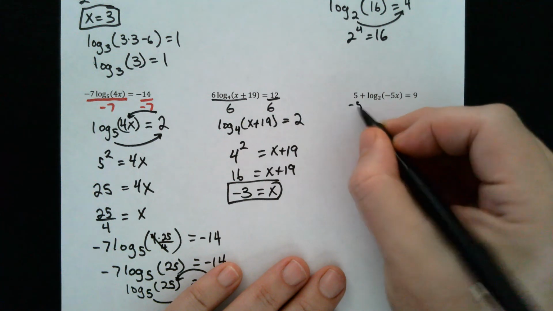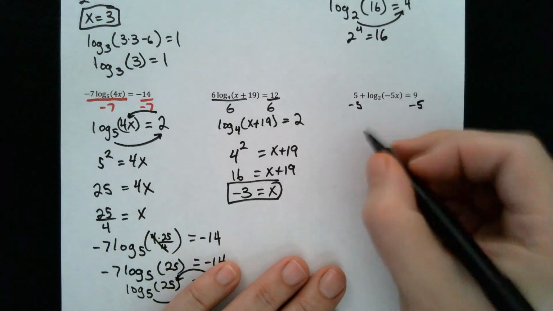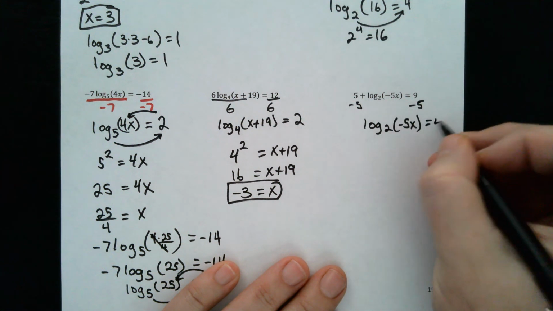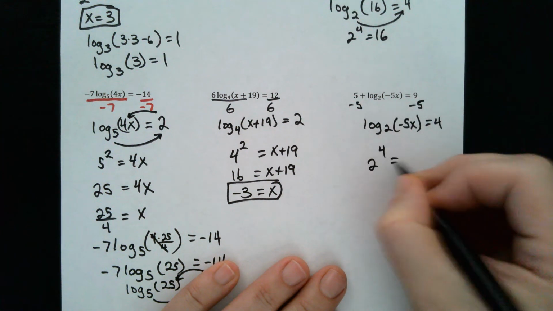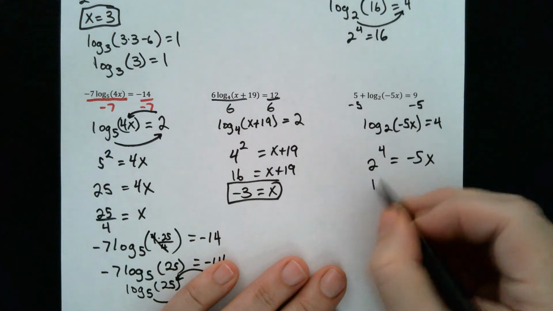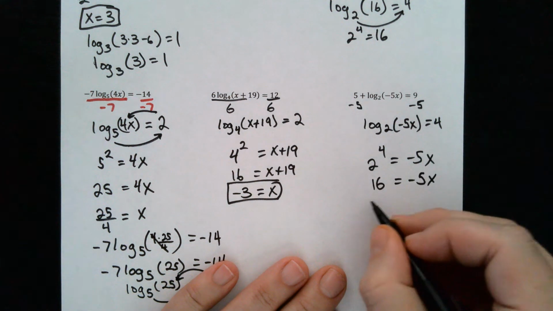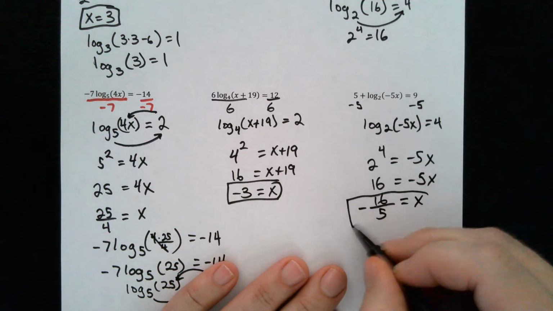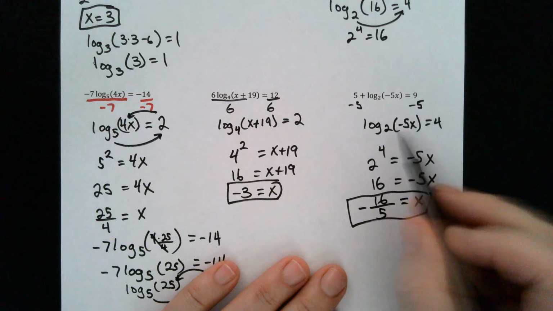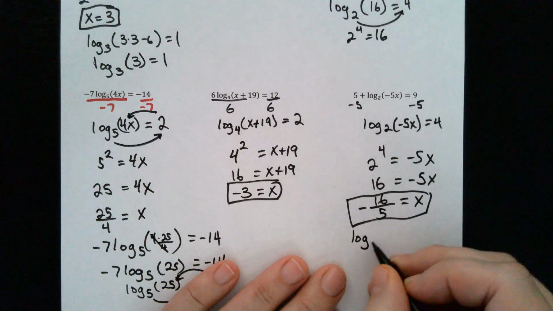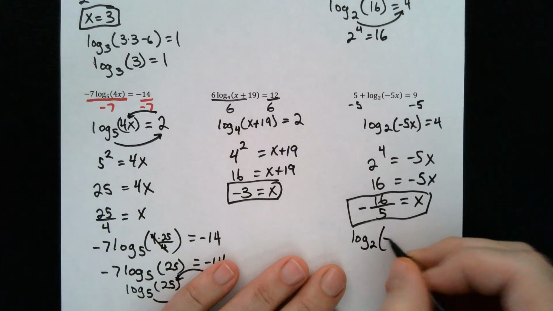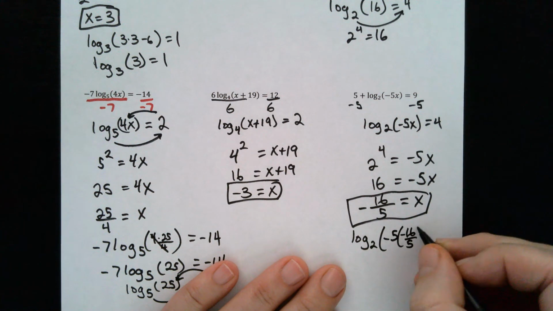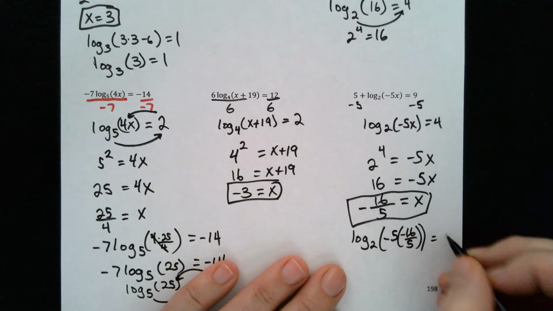All right, and here's our last one. We're going to subtract the 5 this time because it's being added. So that will be log base 2 of negative 5x is equal to 4. So 2 to the 4 equals negative 5x. 16 is equal to negative 5x. 16 over negative 5 is equal to x. If you pop that in, let's pop it in this one. So it would be log base 2 of negative 5 times negative 16 over 5 equals 4.